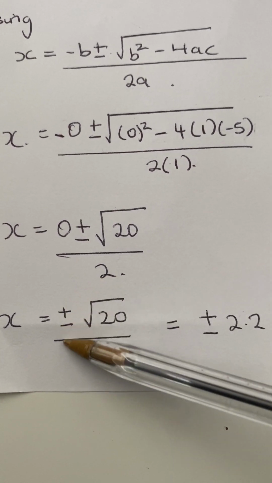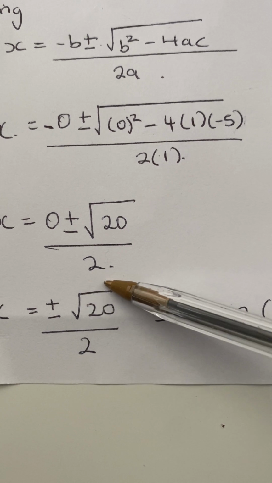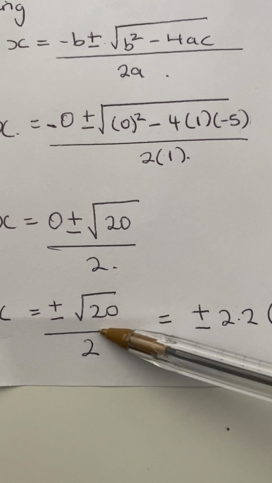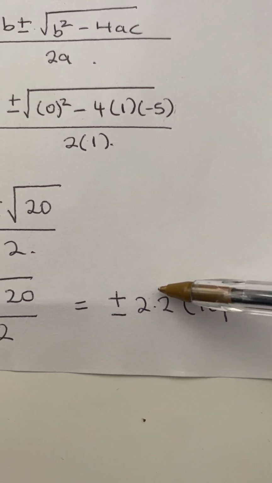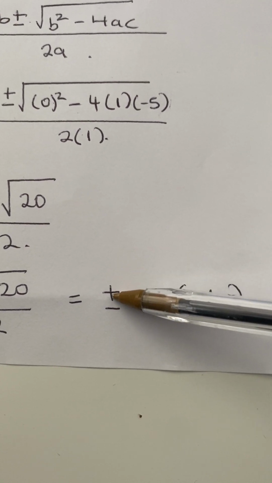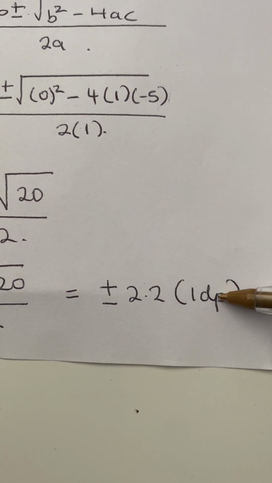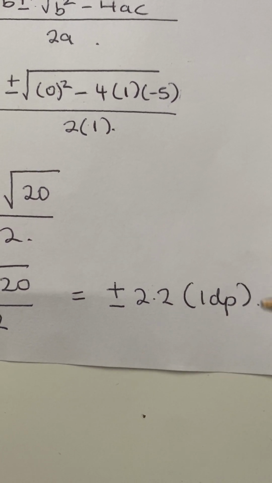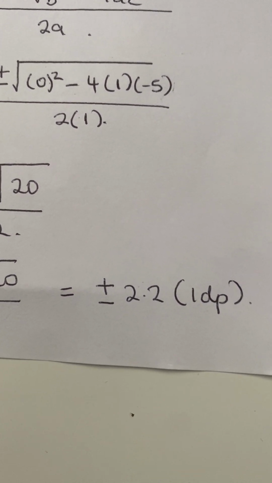Now, if you do this correctly on the calculator, you find the square root of 20 and divide by 2. You are going to get two values. It will be plus or minus 2.2 to 1 decimal place. You get 2.23 something.